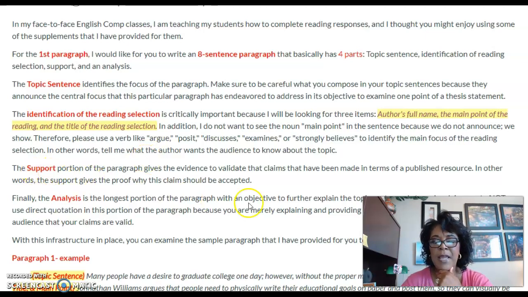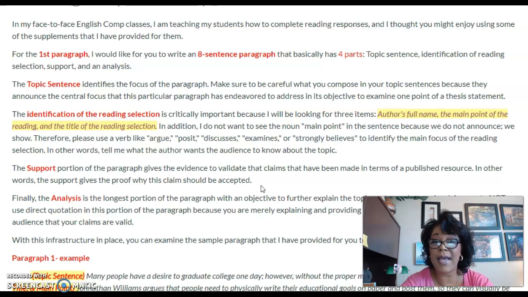The support is a direct quotation from the reading that is evidence to what you said is the author's main point. Now, once we get into documentation, I recognize that for this particular assignment, you may not quote it correctly.